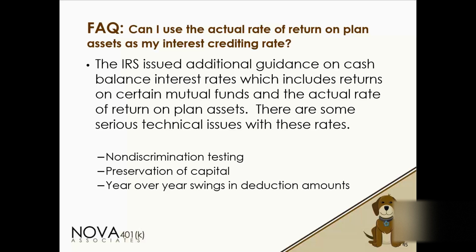If you have an actual rate of return that's negative, you still have to have a $5,000 minimum for that person. So if the assets drop in half, you can't say that their hypothetical account balance is now $2,500. It has to be $5,000.